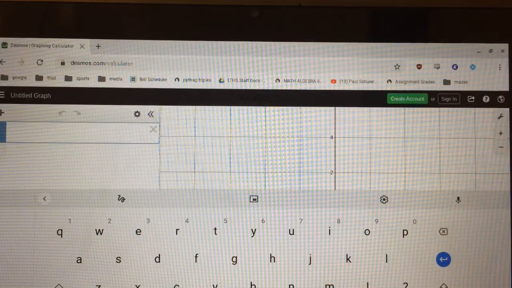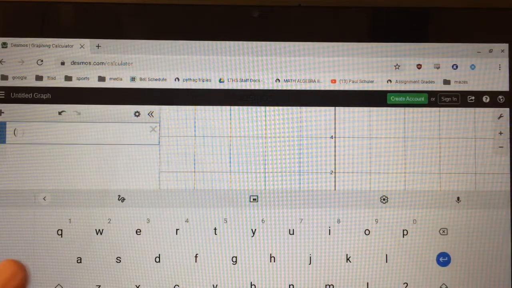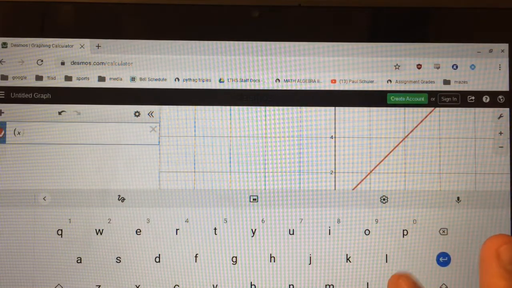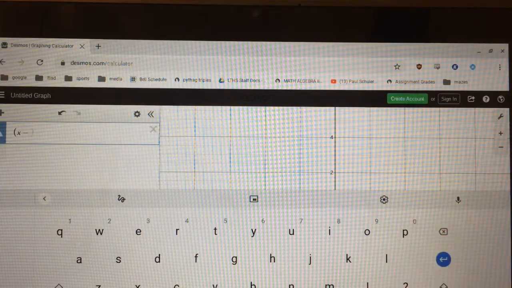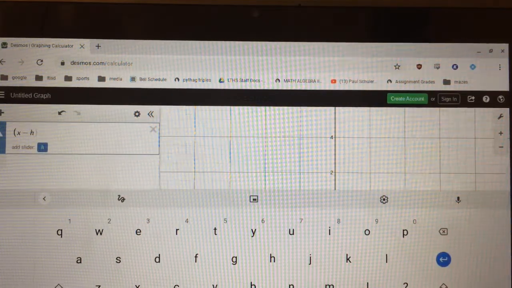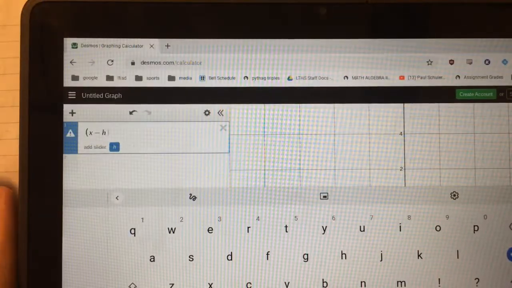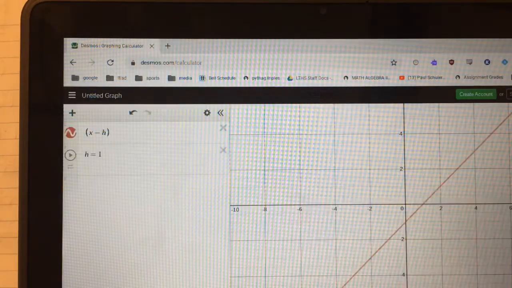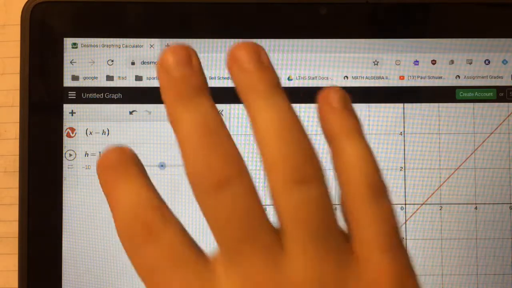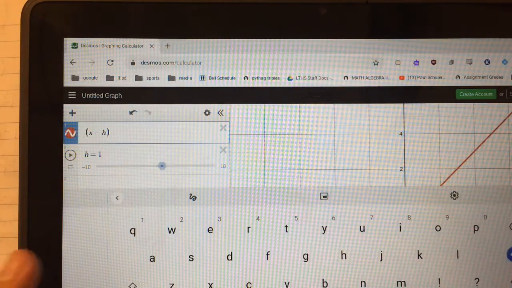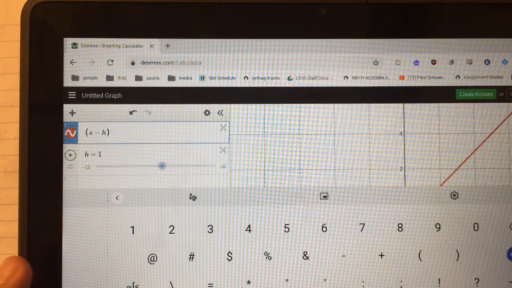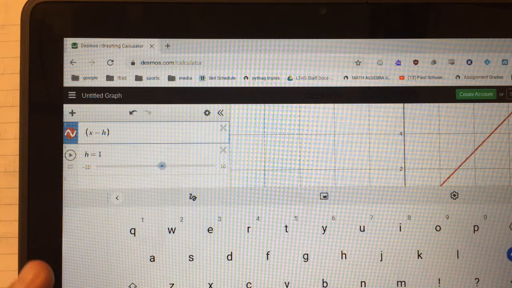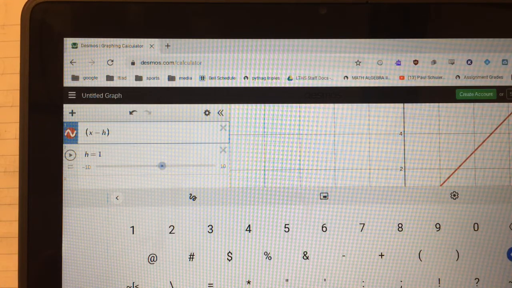So I'm going to type it in exactly how we wrote it. x minus h. And then we're going to add a little slider here, so we can change the value of h to meet our needs. Let's see, how am I going to do squared on here?